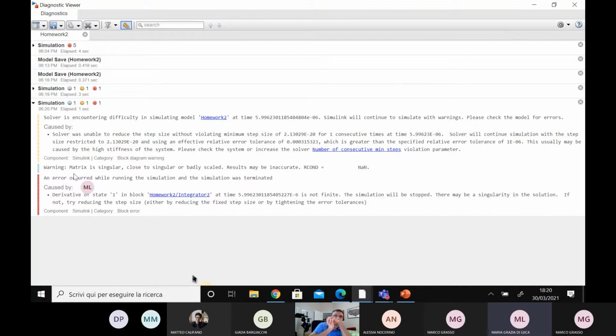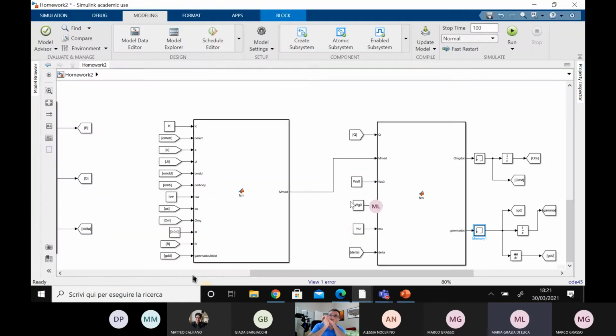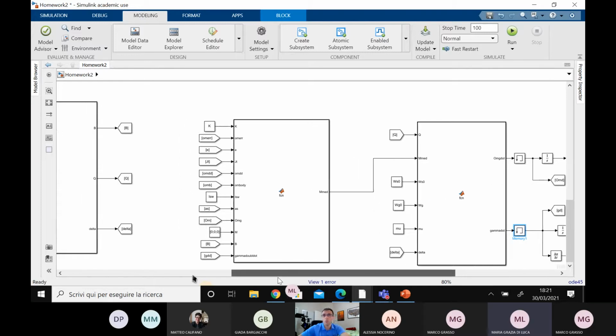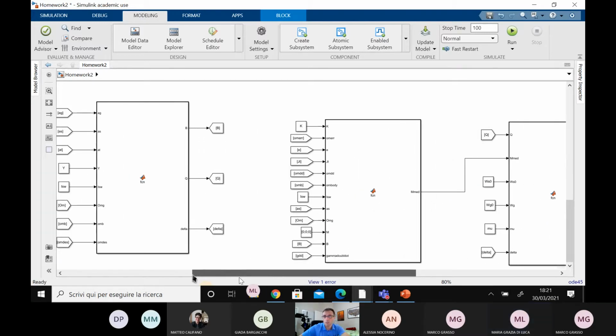Okay. But it doesn't tell us which matrix, right? Well, first thing that comes to mind is whenever you invert something, that's probably the problem, right? Right, so not one spot where you do an inverse. Well, no, there's more than one actually.